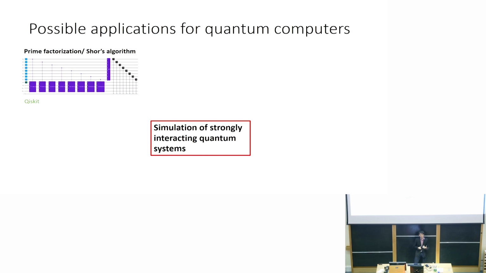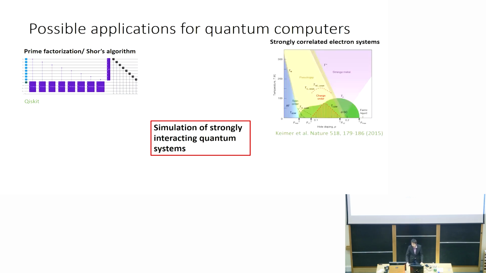In these cases, you often have many competing terms, like the kinetic terms and interactions, and so you do not have a dominant term on which you can apply perturbation theory. In these cases, it's hard to apply classical algorithms, and this is where quantum computers come into play.